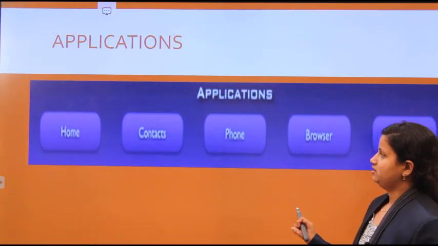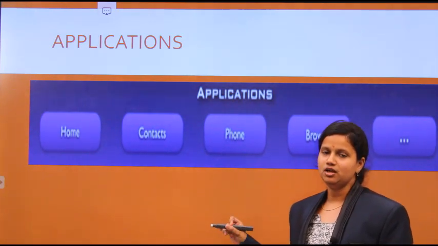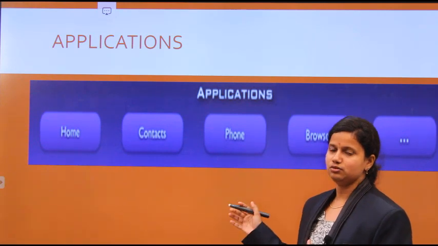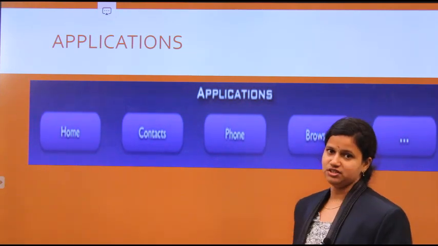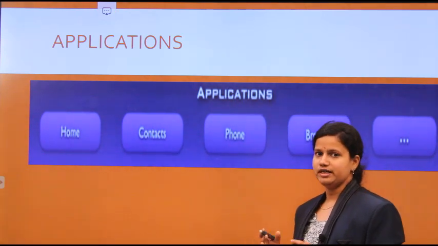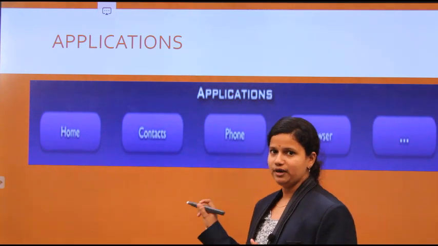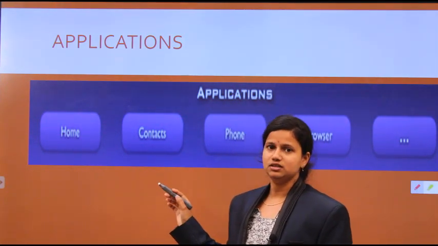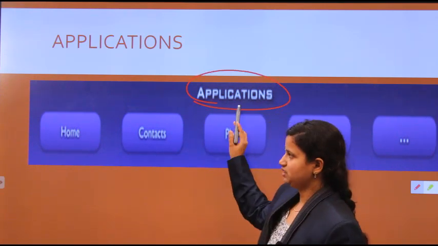And the next one is applications. So what does this application layer contain? This application layer contains all the applications that are developed. These are like pre-installed applications. The applications are already created, and they are available in your Play Store. Whatever developed applications there are, they are presented in this application layer.